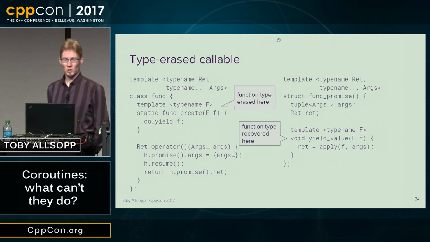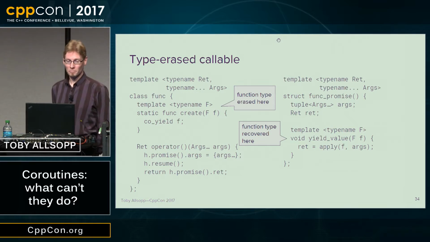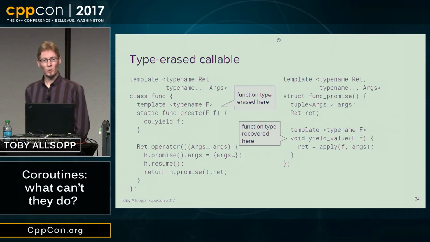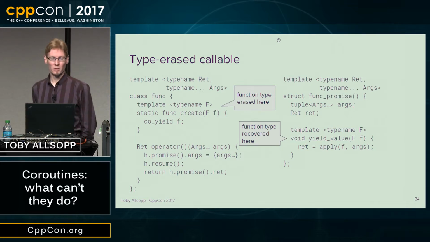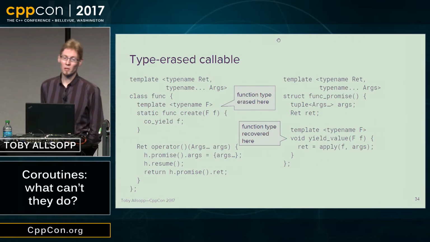This is probably a bit hard to digest, this code, honestly. But what we've got there is a coroutine. That create function there is a coroutine. So it's a static member function, which is cool. Coroutines can be static or non-static member functions.